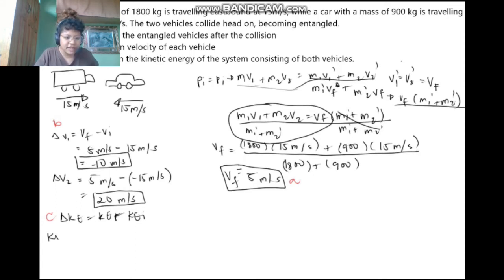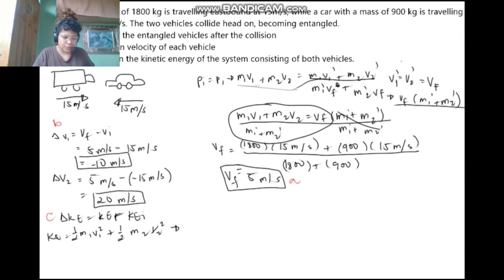The formula for kinetic energy is 1 half m sub 1 times v sub 1 squared plus 1 half m sub 2 times v sub 2 squared. We're going to plug in the values.